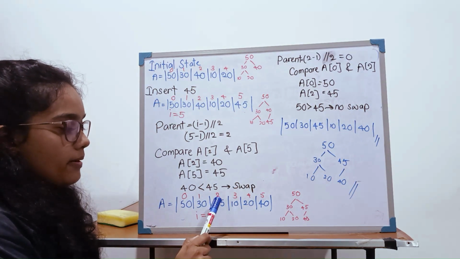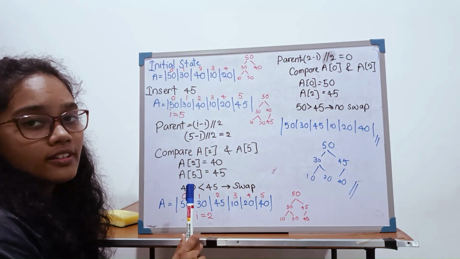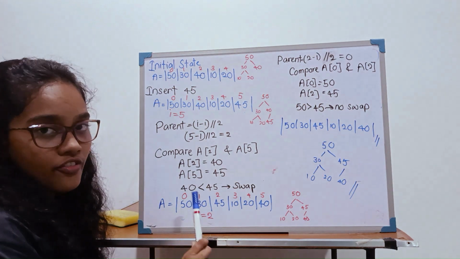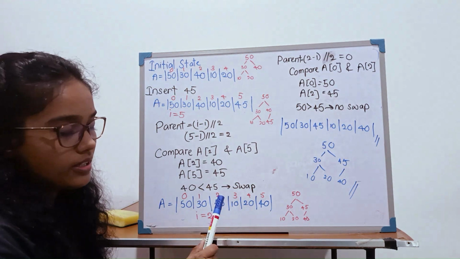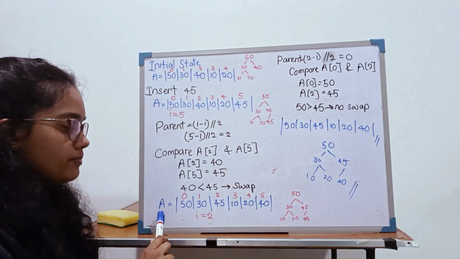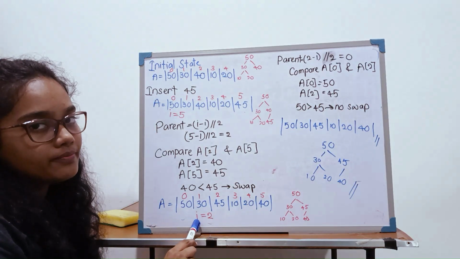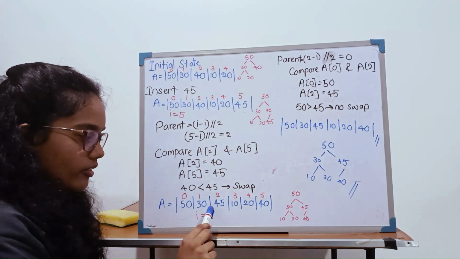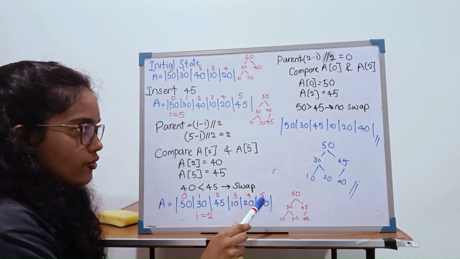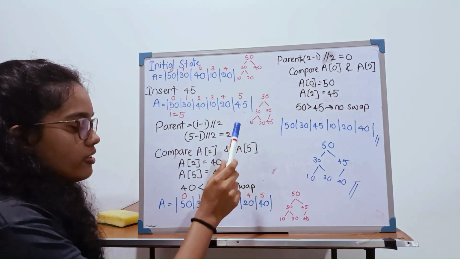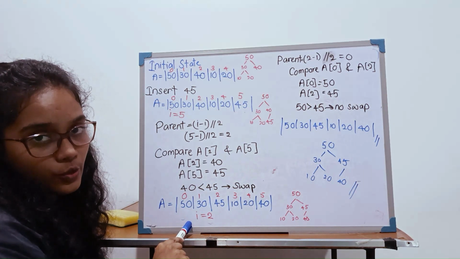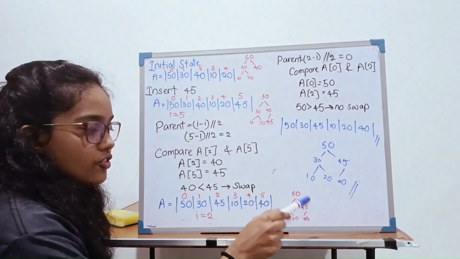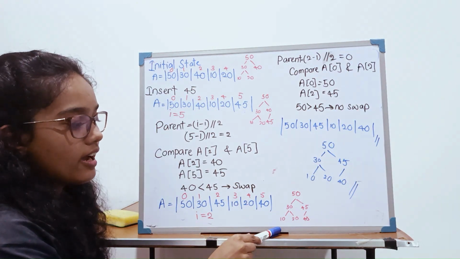So when we compare it, the parent is less than its child, so we have to swap them. After swapping, this is how our array looks like. We swap 40 with 45, and now our I is equal to 2. This is the tree view of our array now.